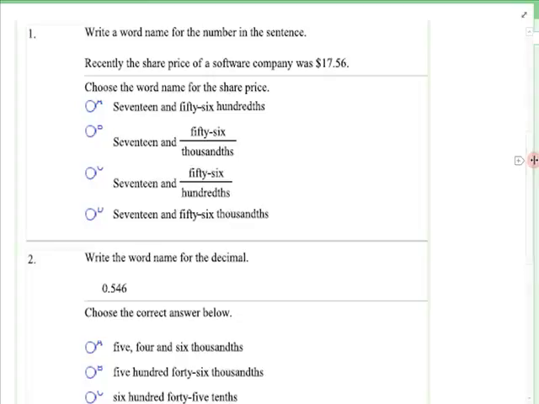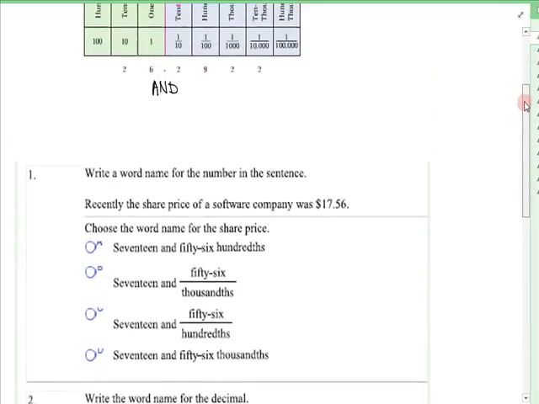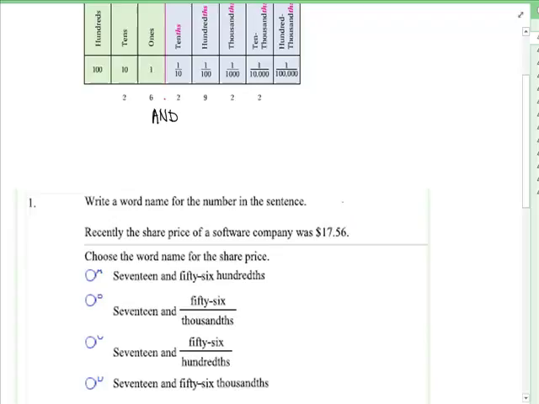Go back up to the chart. 2 decimal places is hundredths. So it is important to memorize these place values: tenths, hundredths, thousandths, 10,000ths, 100,000ths. So this is 17 and 56 hundredths.